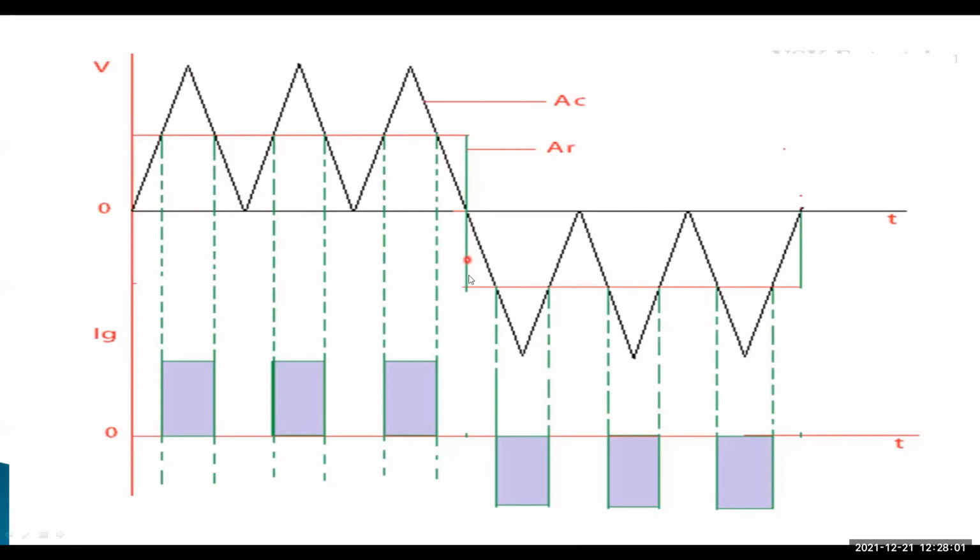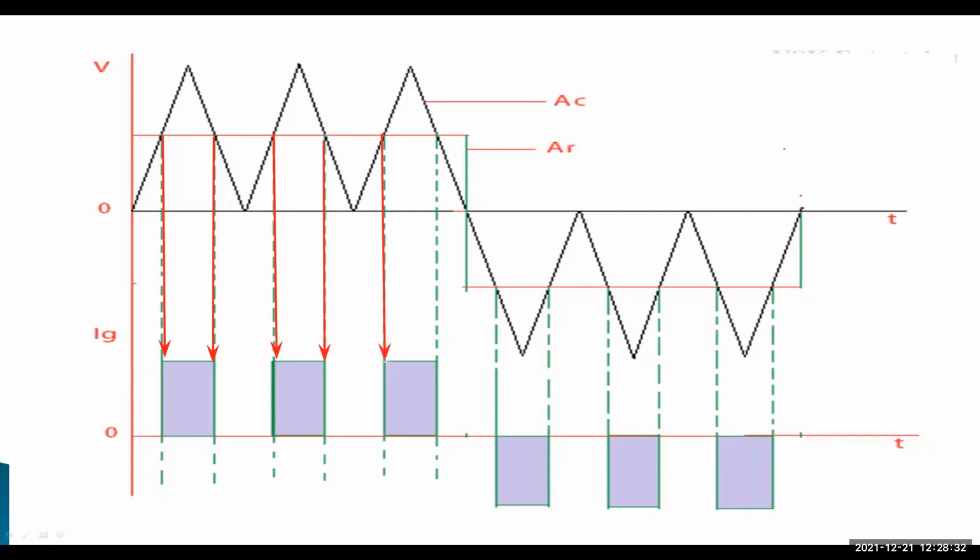Same as the previous one, when the carrier signal is more than the reference signal, a pulse is generated like this. So when the carrier signal is more than the reference signal, the pulse is generated in this way.